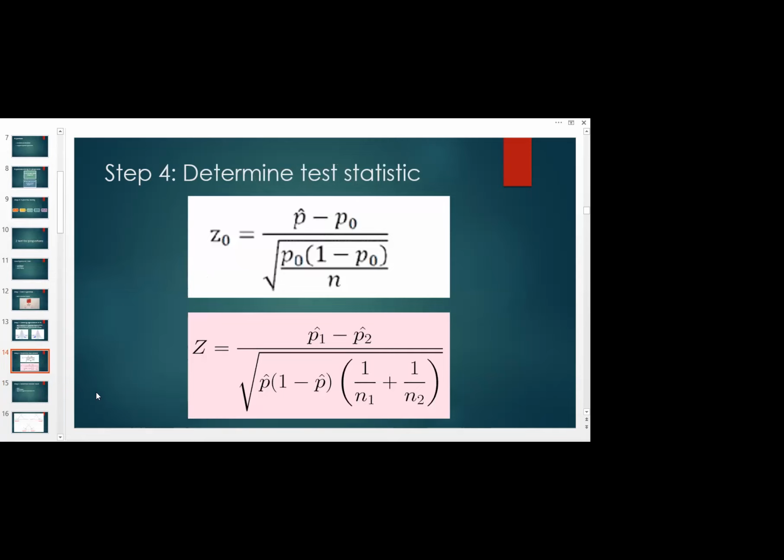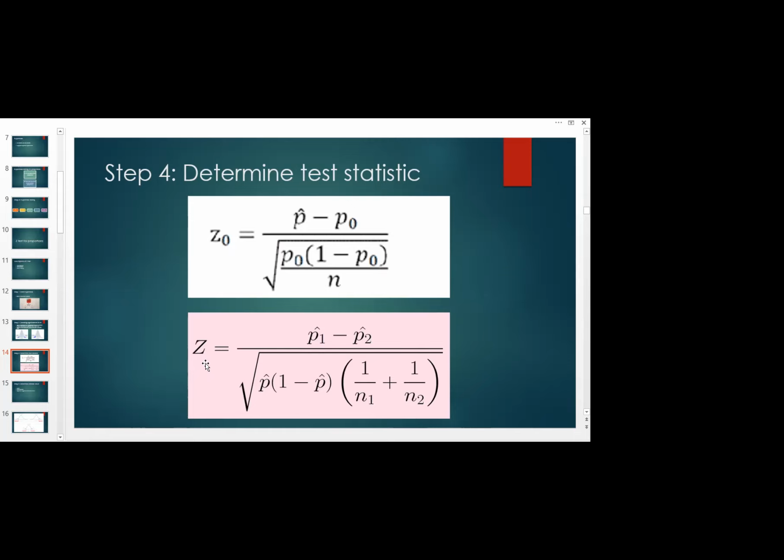Next step is to determine the test statistic. These are the two formulas which are used for z-test for proportion. Formula number 1 is for a single population proportion, in which p hat stands for the sample proportion minus the population proportion p naught, divided by the square root of p naught, the population proportion, times 1 minus p naught or q, divided by n, which is the sample size.